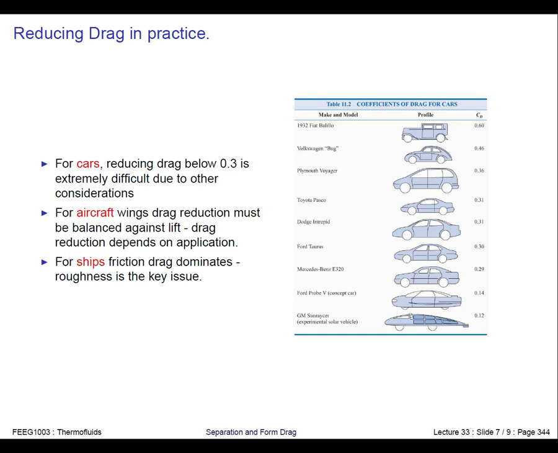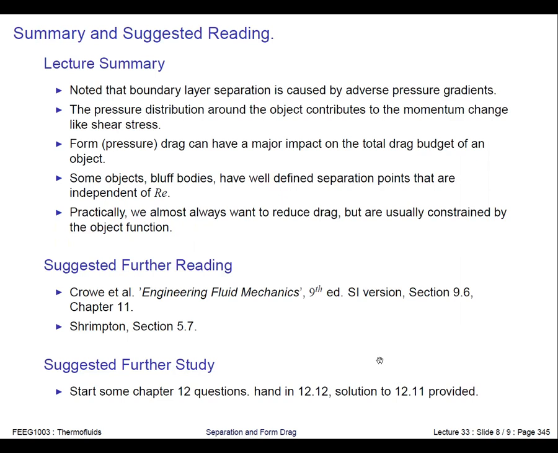And so how to try and keep your hulls clean really is kind of key to trying to keep your fuel efficiency high. Okay, so we've looked at separation quite briefly and tried to introduce how pressure can change the drag characteristic quite significantly of an object. Okay, thank you.